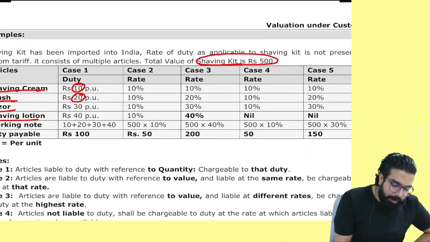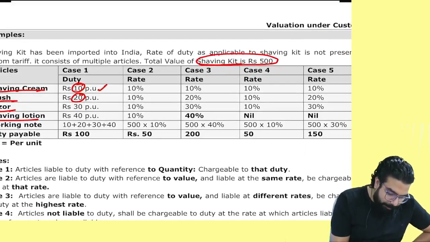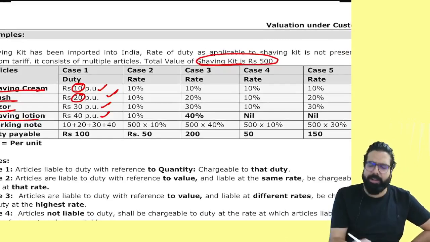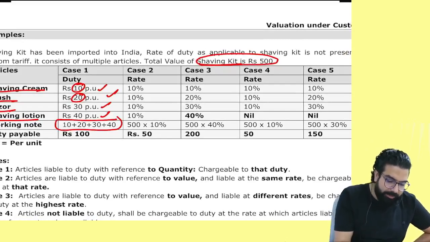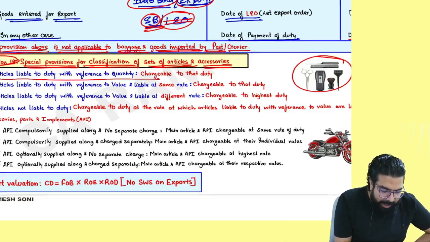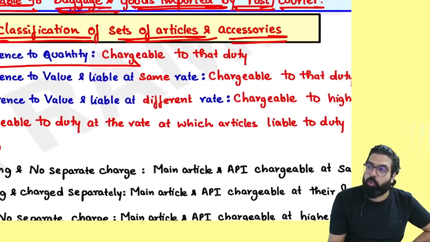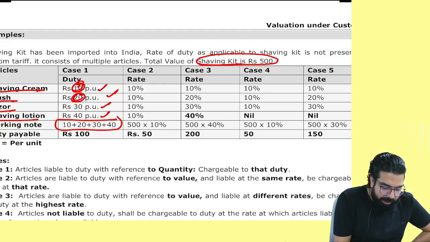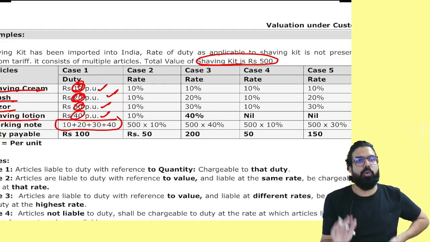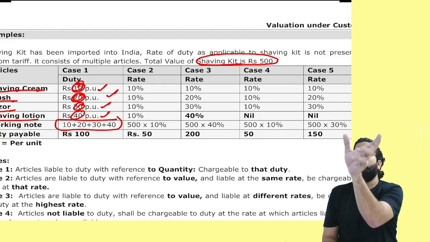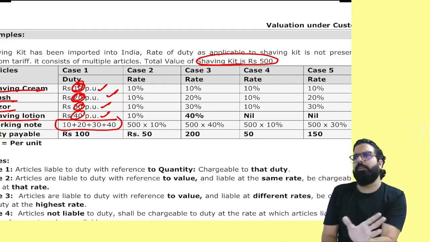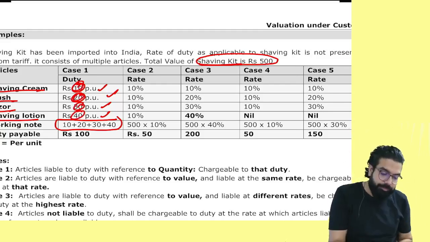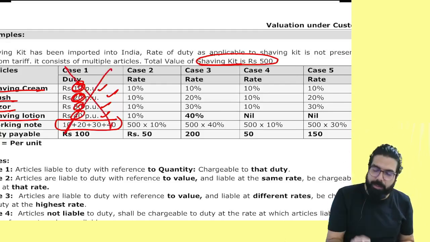If shaving cream's duty is 10, this one 20, this 30, 40, then the total. It says, articles are liable to duty with reference to the quantity chargeable to that duty. It means whatever duty has been told, you charge that duty. Quantity-wise valuation is there. Per unit 10 rupees, 20 rupees, 30, 40, add it up. Next. This is done. Case number 2.